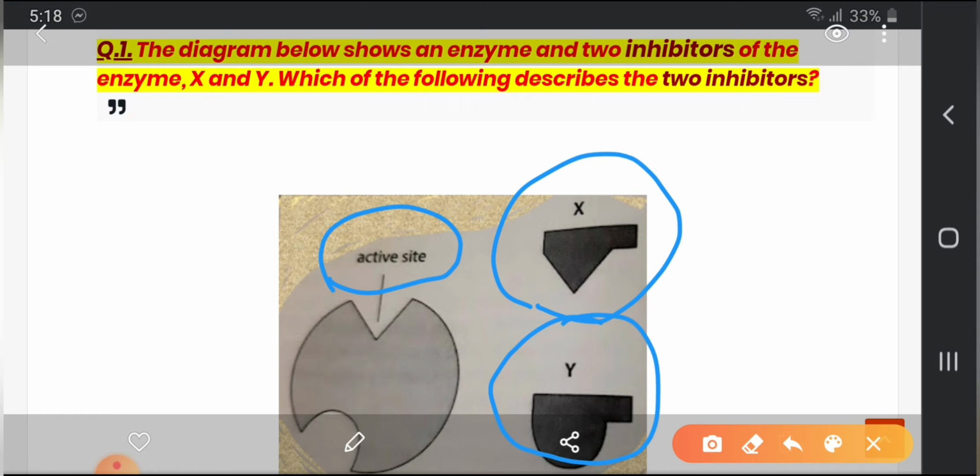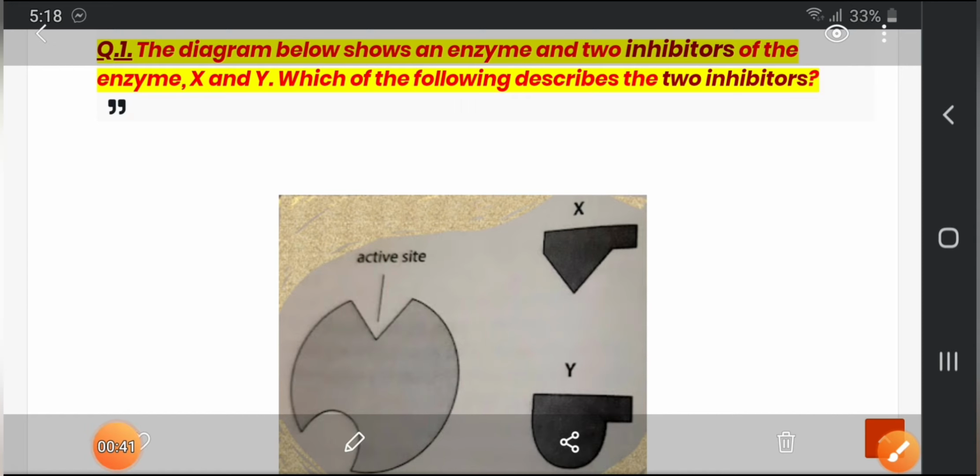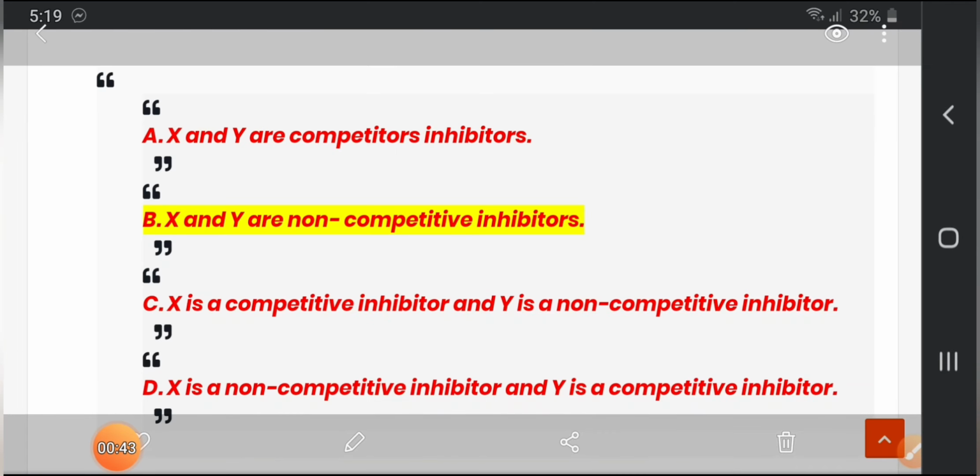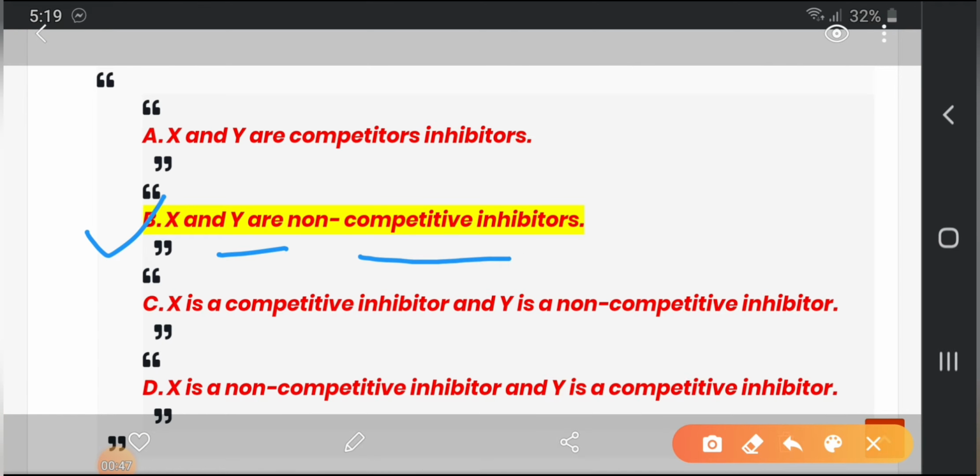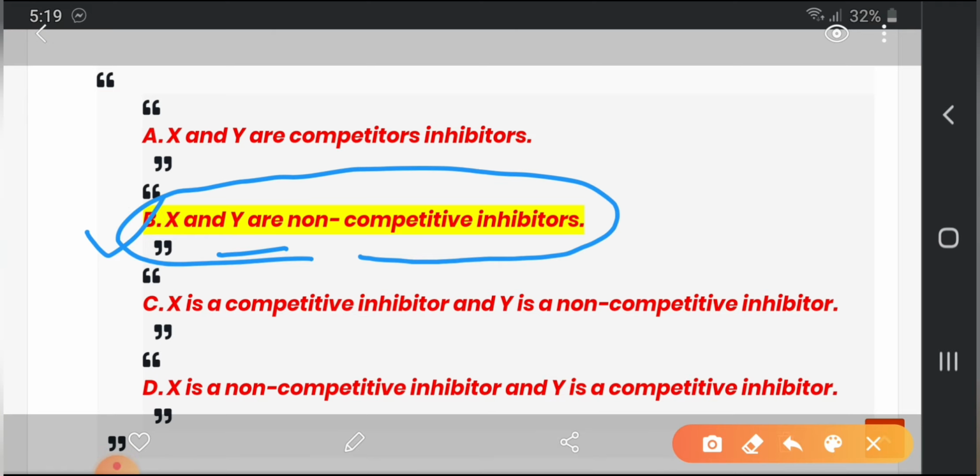Which of the following describes the two inhibitors? What's the answer, guys? The answer is B, that is X and Y are non-competitive inhibitors.